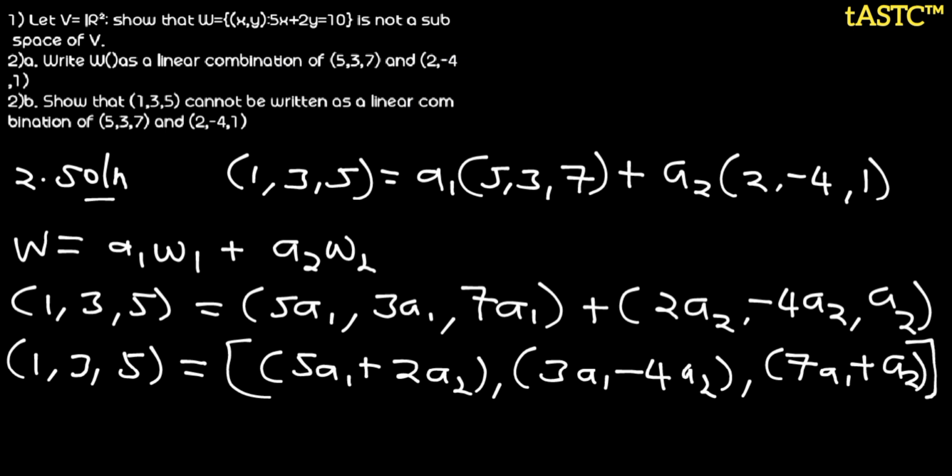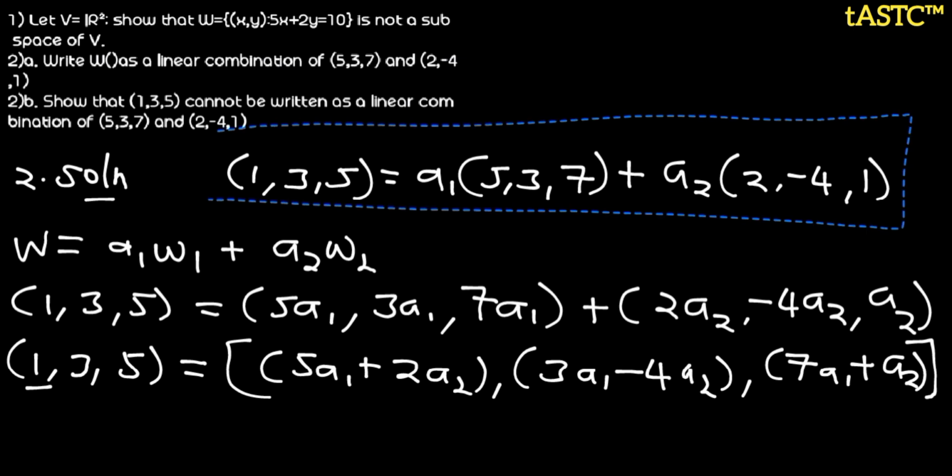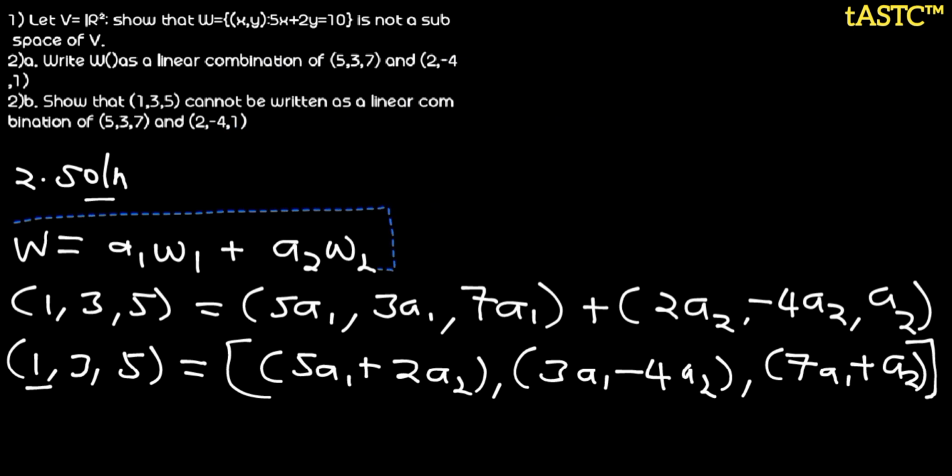So in this case, we need to compare, right? So 1 will be equal to this, 3 is going to be equal to this, and 5 will be equal to this. So we can compare them now. I think I'm going to wipe out some stuff from here, as well as this.